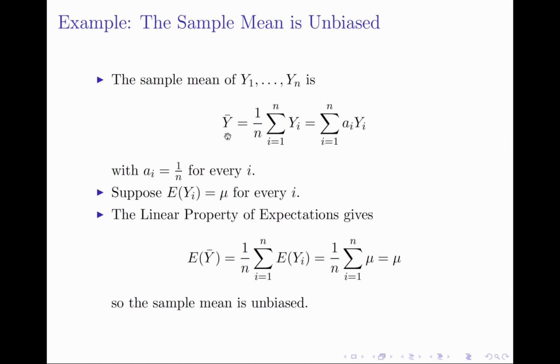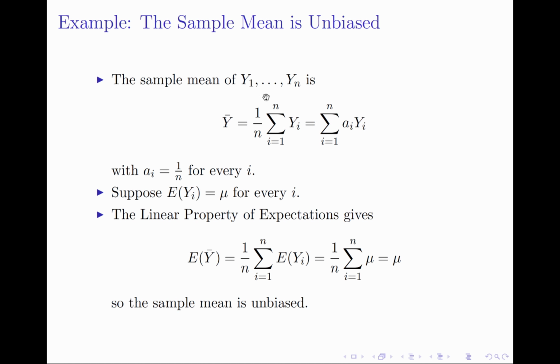An estimator is unbiased if its expectation is equal to the true population parameter. In this case, it works as follows. We have the expectation of y bar, and we would like to show that this is equal to mu, our population parameter. So the expectation of y bar is equal to, and now we apply the linear property of expectations immediately.